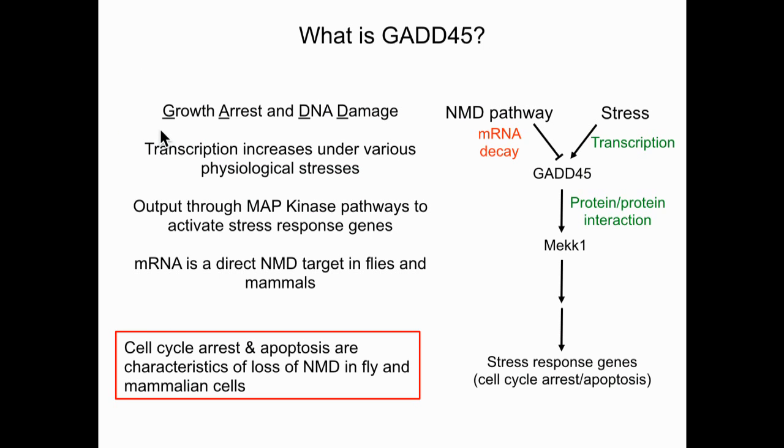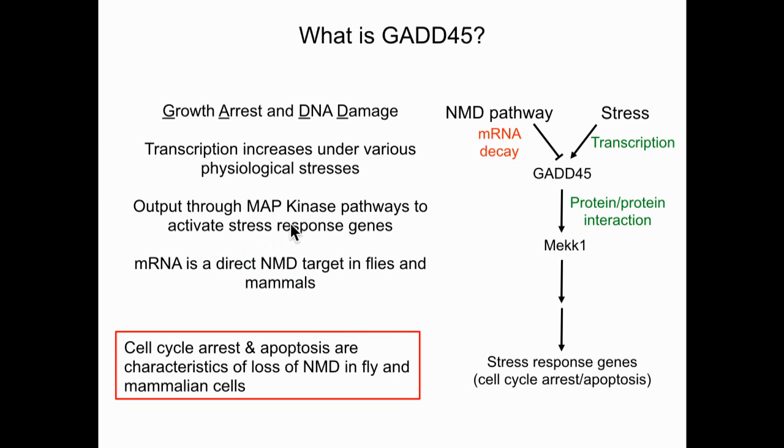So what is GADD45 and why were we excited to find it? GADD45 stands for growth arrest and DNA damage, and it's well known for its transcription increasing under various physiological stresses: radiation, chemicals, virus invasion. It activates a MAP kinase pathway through direct interaction with a gene called MEK1, which leads to a whole kinase cascade and to stress response genes that, for instance, inhibit the cell cycle or lead to apoptosis.